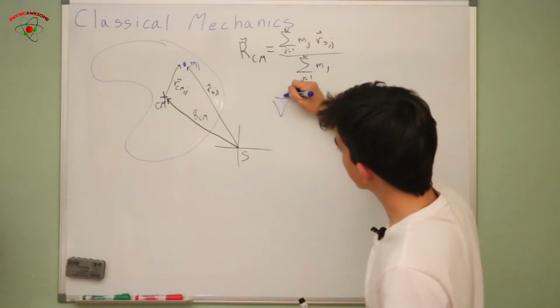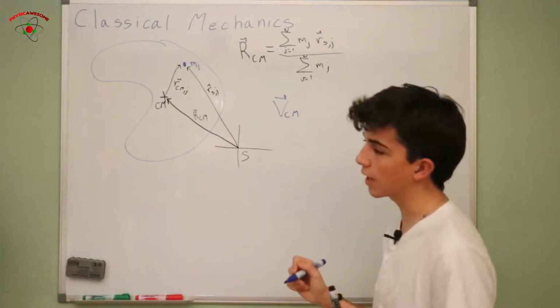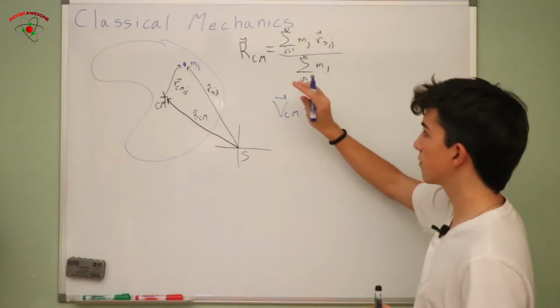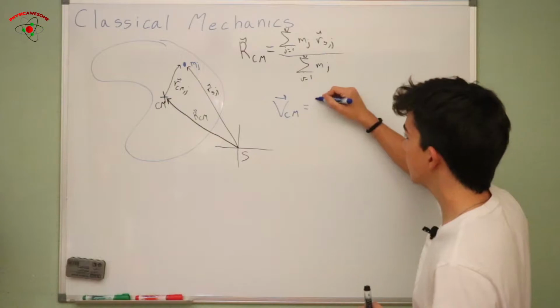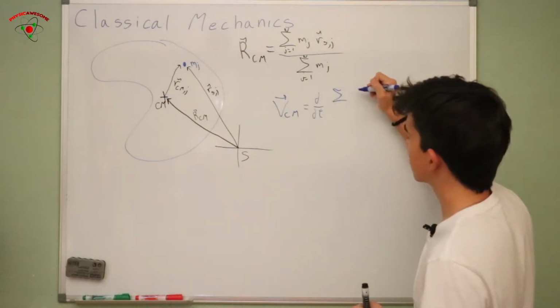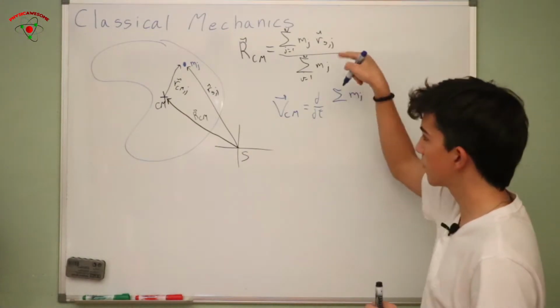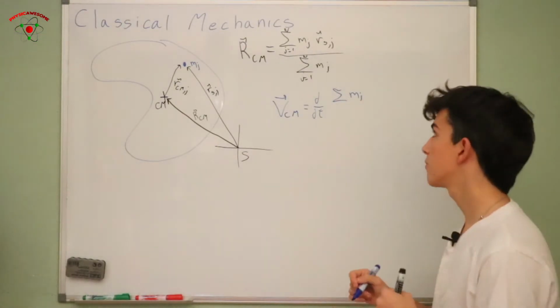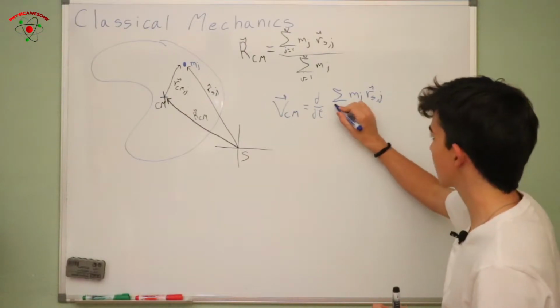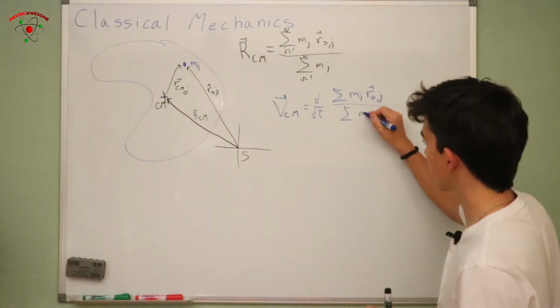Differentiate and we get v_CM equals d/dt of all of these, and well, d/dt, let's write it out, of the sum. I'll skip the j equals 1 to n of all the sums because it's really tedious, to be honest, and the sum of m_j.